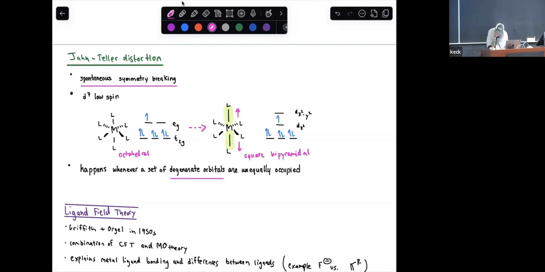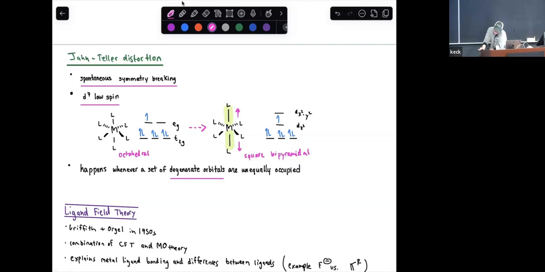So let's consider the case of a D7 low spin metal complex. A perfect octahedral geometry adheres to the rules we already talked about. We fill in the T2G and then the EG orbitals, but it can distort itself into square bipyramidal geometry by allowing the bond length between the metal and the two axial ligands to increase slightly.